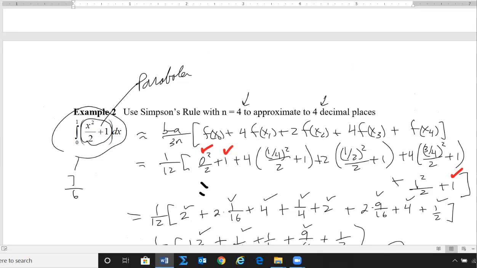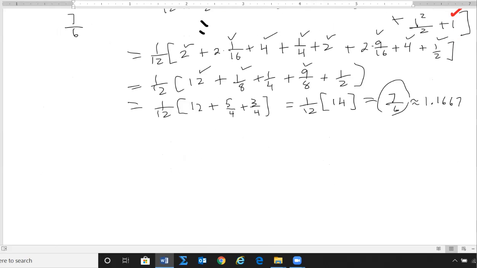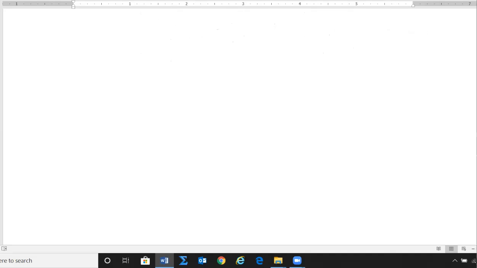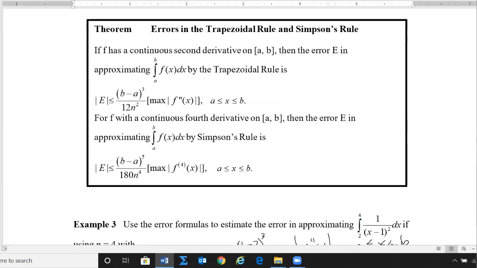In other words, we used Simpson's rule on this function, and we got an exact answer, which means that the error, if we had calculated the error, we would have gotten a 0 for our bound. You can see that because if you were going to take 4 derivatives of that parabola, you would have a 0. In fact, you'd have a 0 after that 3rd derivative.